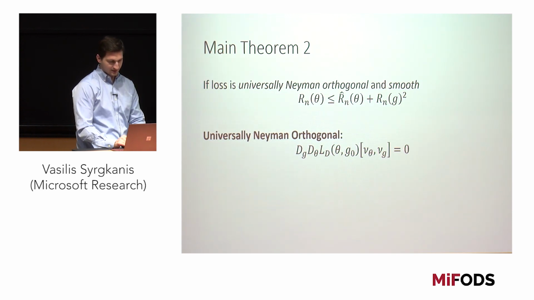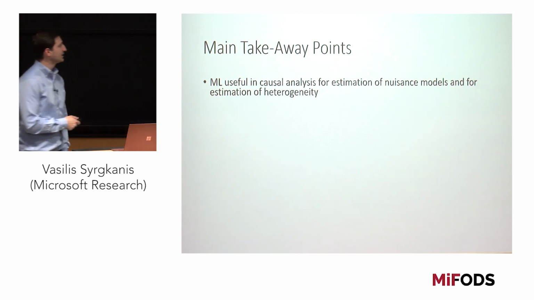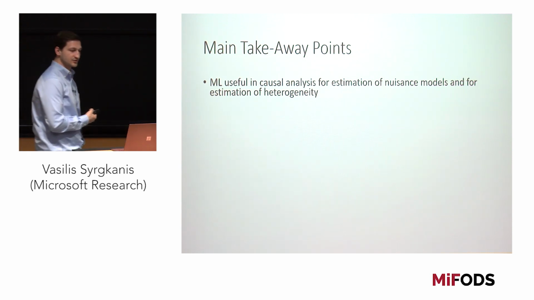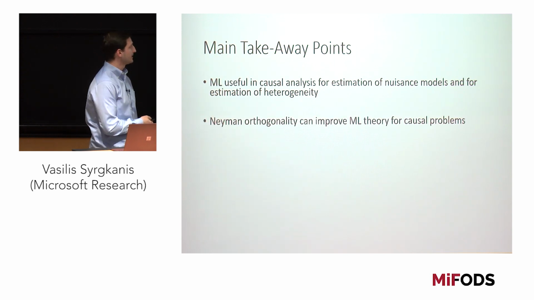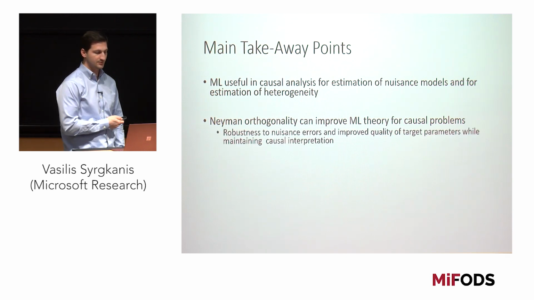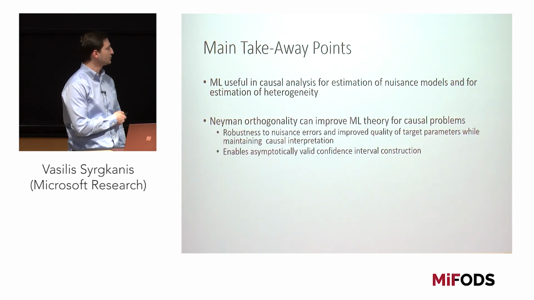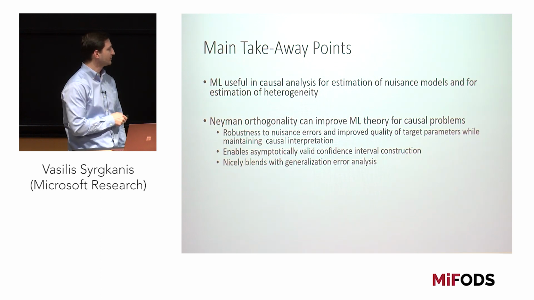So with that, given that I'm out of time, I would just like to stop here and mention some takeaway points. Machine learning is useful in causal analysis for estimation of nuisance models and for estimation of heterogeneity. Neyman orthogonality is a concept that can improve machine learning theory for causal problems, so you can show robustness to nuisance errors, and many times you can even show asymptotic validity of the confidence intervals.